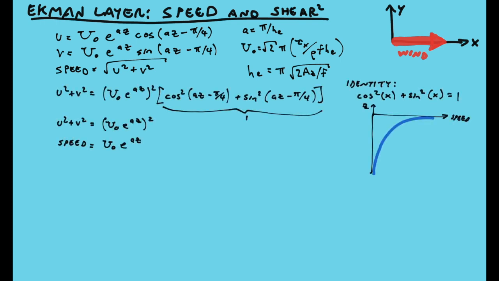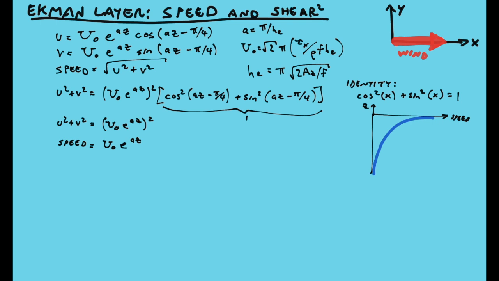We can substitute the U expression and the V expression for the Ekman layer into the U squared plus V squared. And that's what's shown on the next line. So we have U naught times e to the Az, and that whole quantity is squared. In square brackets, we have cosine squared plus sine squared, and the argument inside the cosine and the sine are the same.